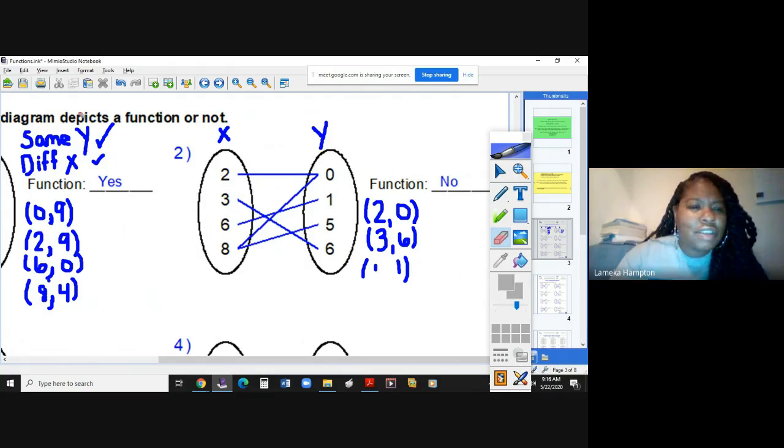Uh-oh. Undo. All right. The power of technology, isn't it beautiful? So again, I have 8, 0. Now I'm going to stop right here for a second.